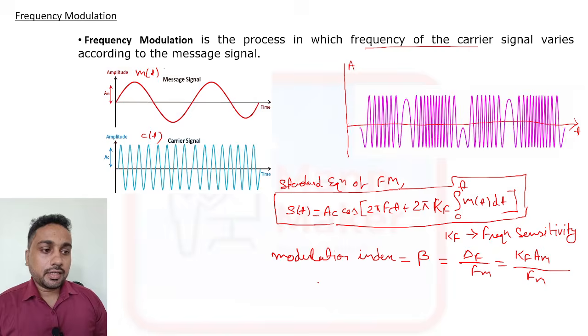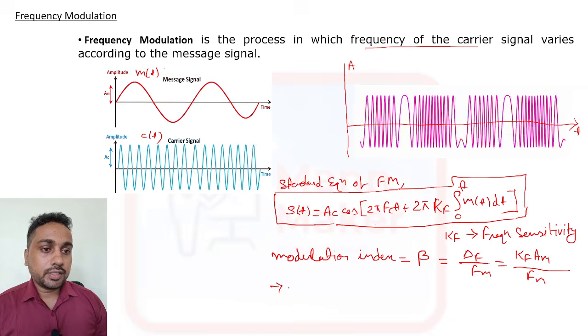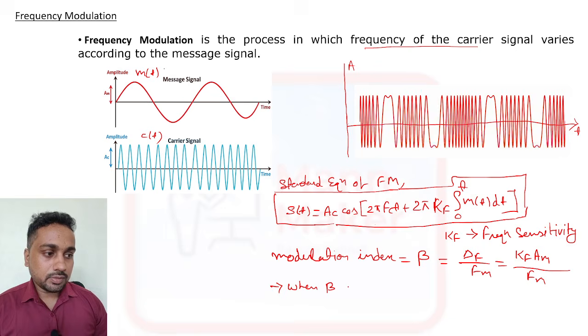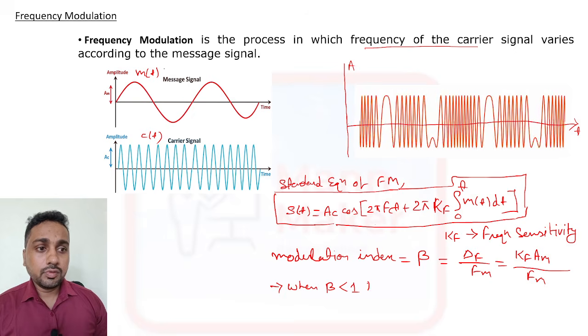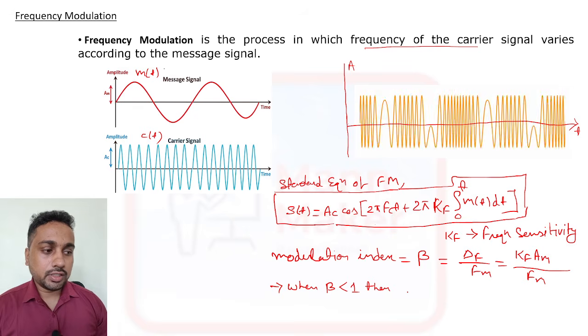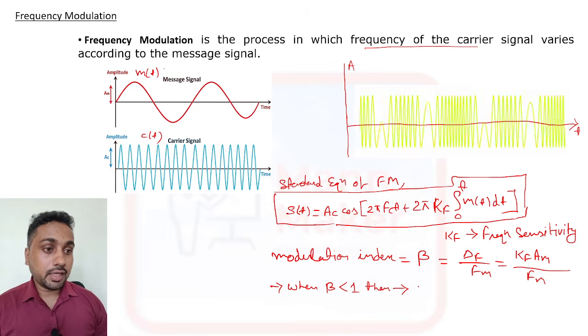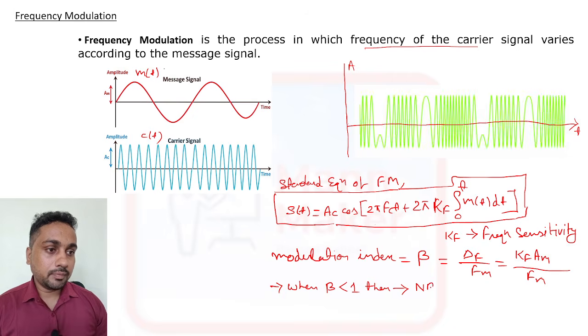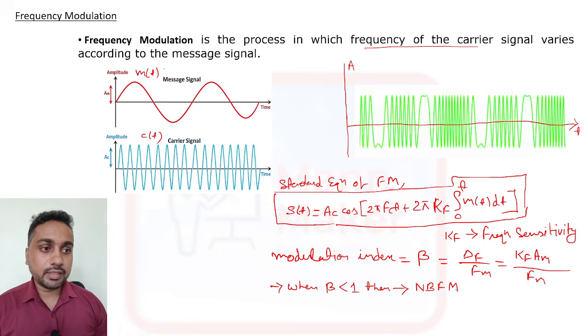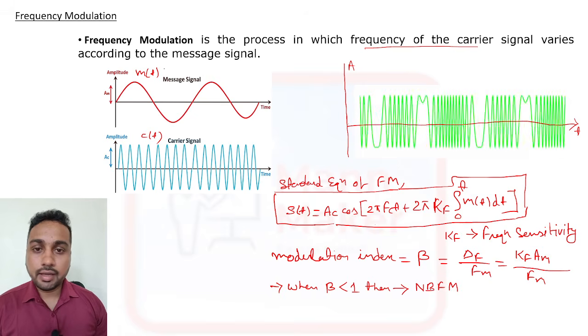Here also there are two conditions. When beta, the modulation index, is less than 1, then it is called NBFM, that is narrow band FM.